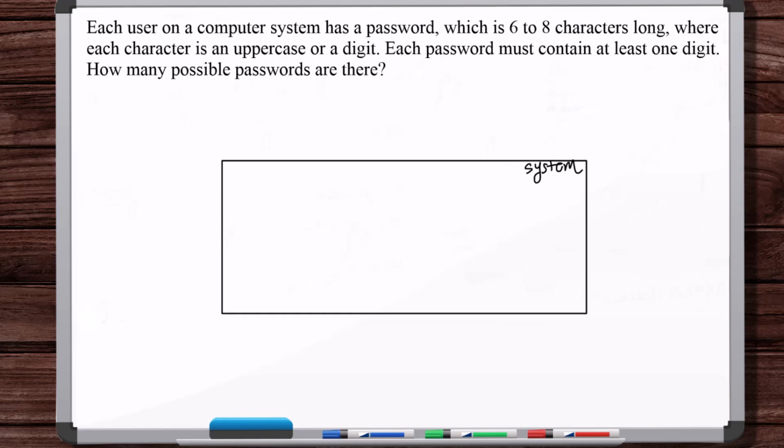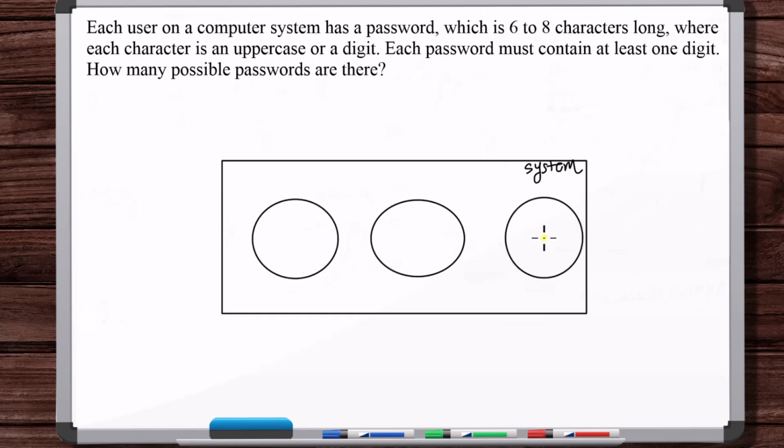Well, then we can identify 3 sets that are disjoint within this system: set A, B, and C. These sets are 6 character passwords, 7 character passwords, 8 character passwords, but each of these contain no digits. This is 6 character passwords that contain no digits, same here, same here.